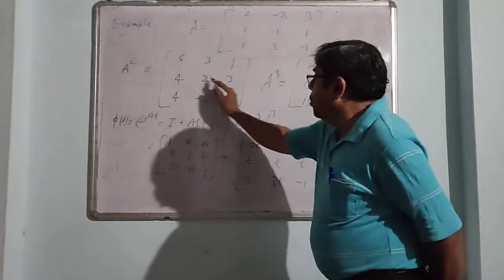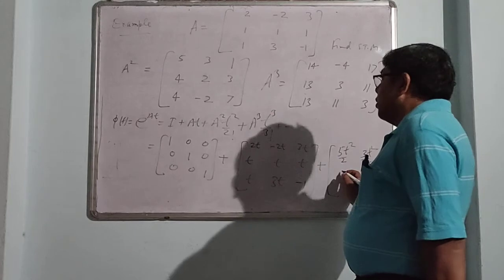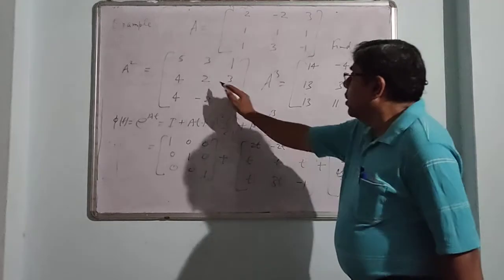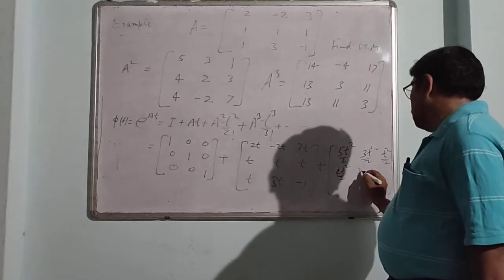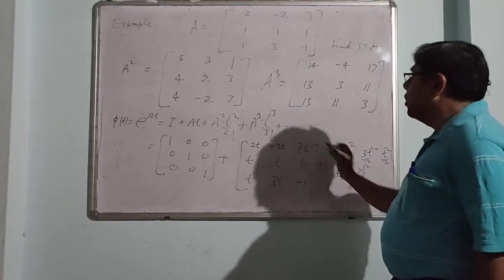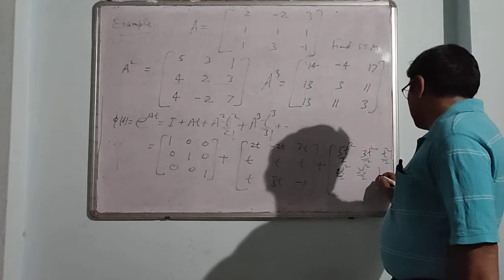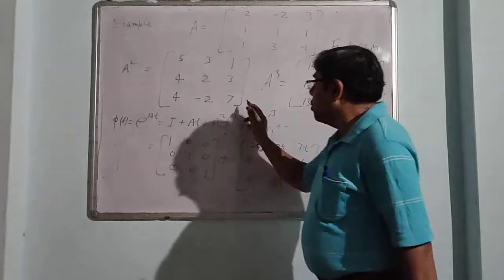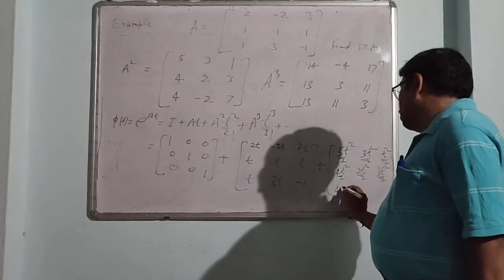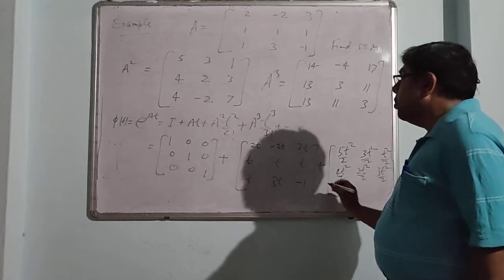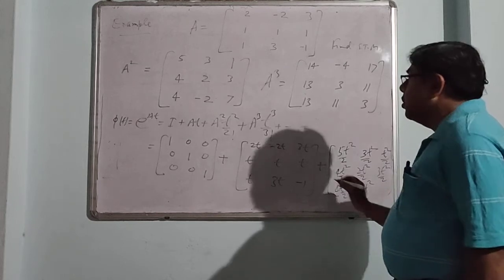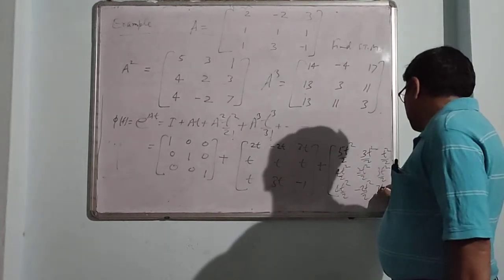In this row 4t square by 2. This one 2t square by 2. And this one 3t square by 2. Then for this row 4t square by 2, minus 2t square by 2 and 7t square by 2.